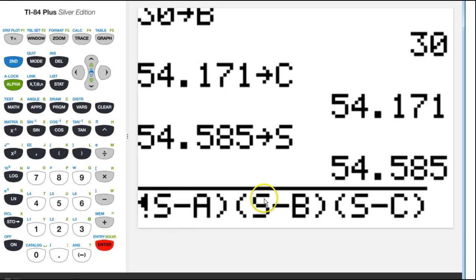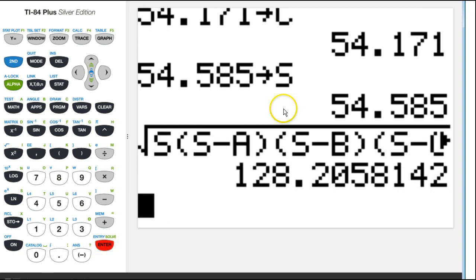And so now it's ready to go again, but this time if I hit enter, it's using the new values that I substituted in. So it just saves me a little bit of time from having to type this in again. I can just reuse it, recycle, reduce, reuse, recycle, people, save the world. So I'm getting 128.206.